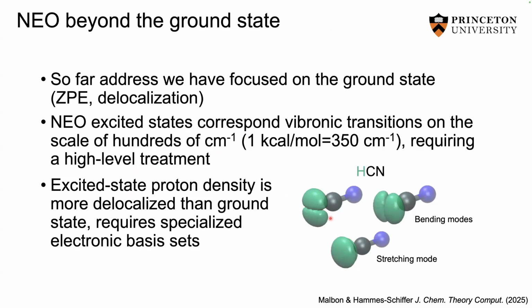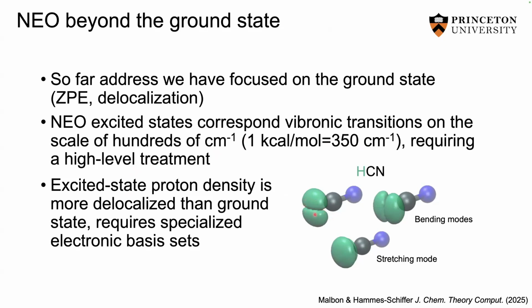Additionally, there's another complication, which is that the protonic wave function is much more delocalized and has a node at the origin in the excited states. So if you remember, the ground state protonic density might be delocalized, but it's peaked at the origin. It's peaked where the atomic center is located.